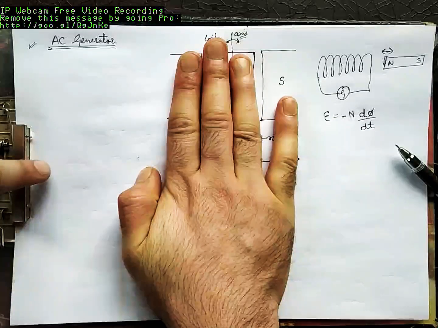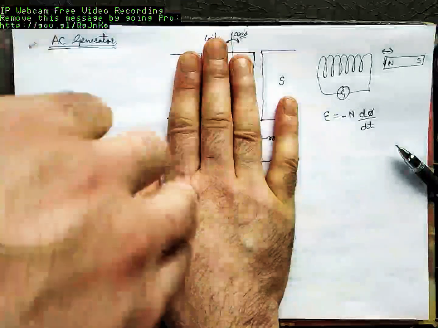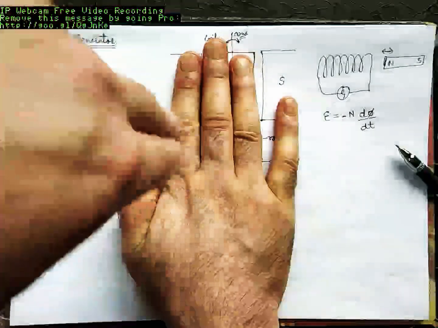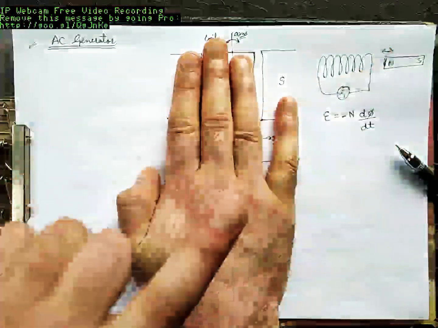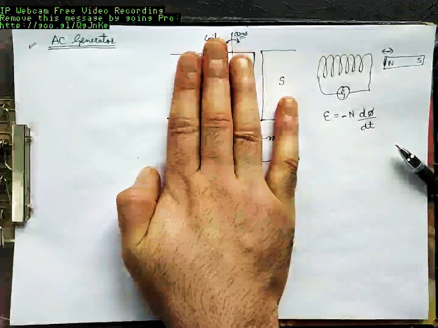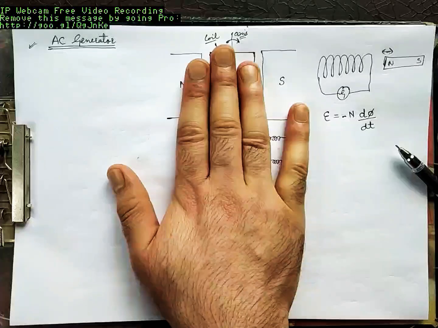Magnetic flux comes from here and goes here. What is the magnetic flux through this coil? Magnetic flux would have been passing through the coil had the flux been in this direction, but the flux is in this direction. So the flux passing through the coil is 0 in this position. If the coil is placed in the plane of this paper, the magnetic flux through the coil is 0.